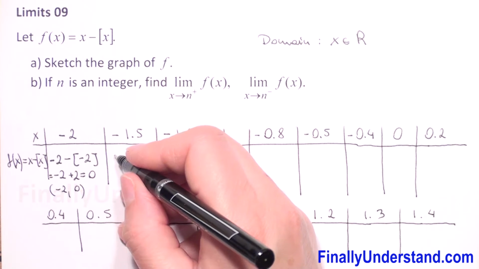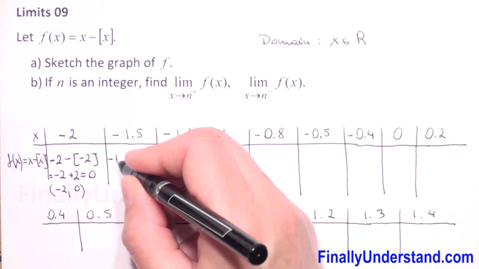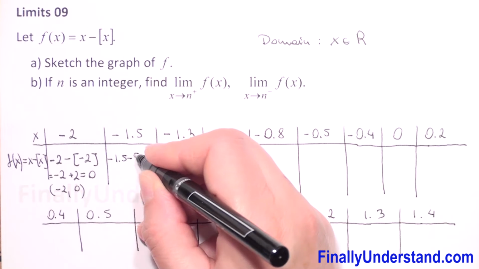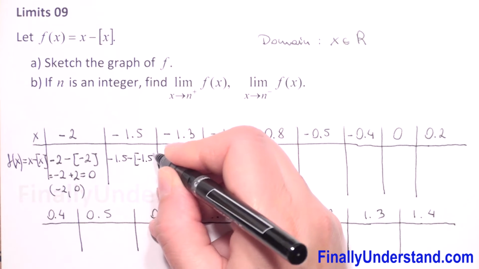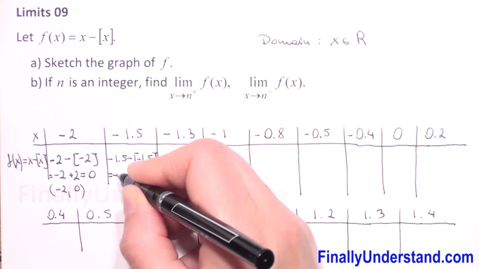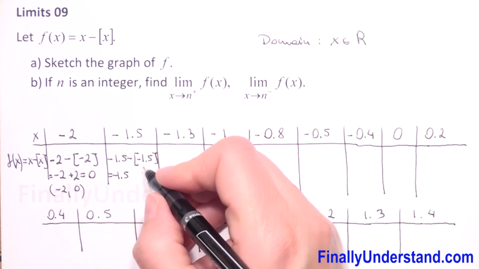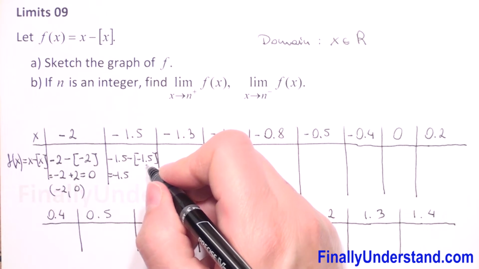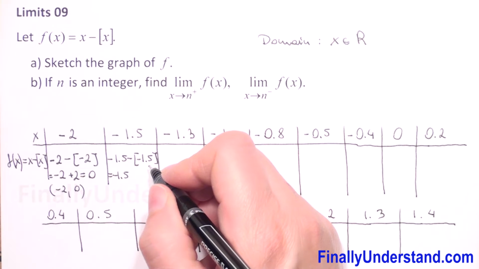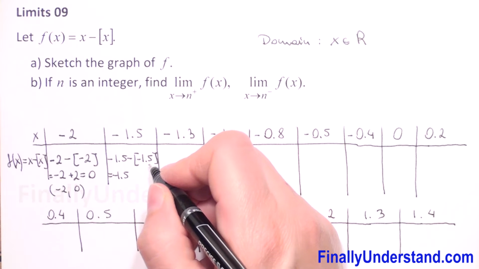The second, we have to replace x by negative 1.5. So we will have negative 1.5 minus, and in brackets we have negative 1.5. We take the largest integer that is less than or equal to x.